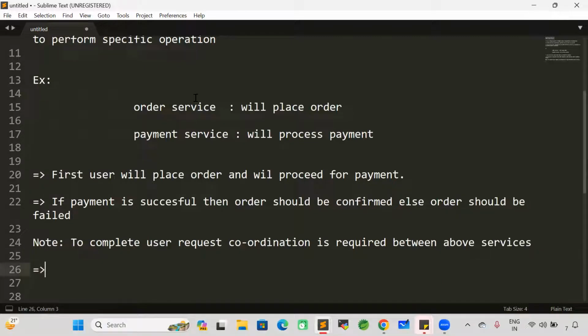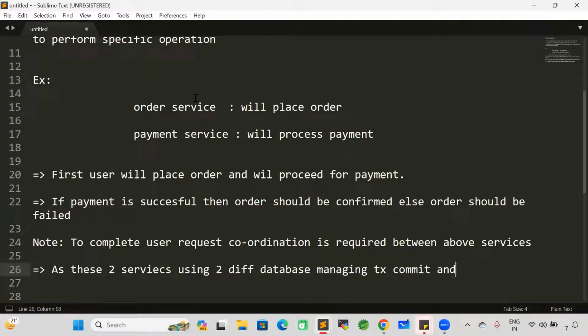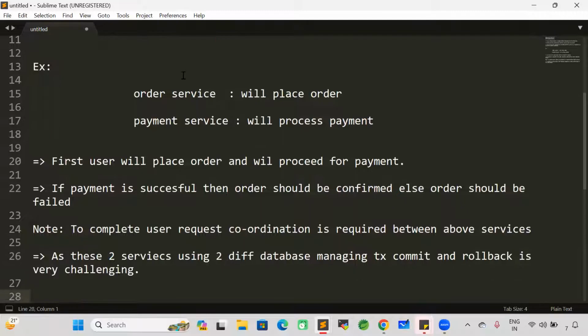Two services are using two different databases. As these two services are using two different databases, managing transaction, commit and rollback is very challenging. You understand the problem?